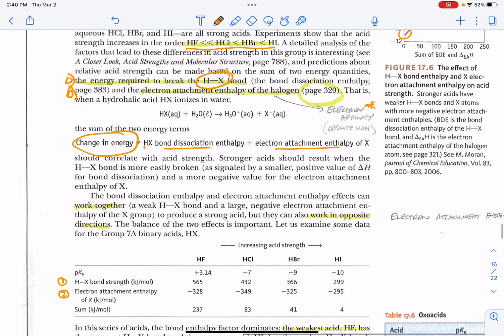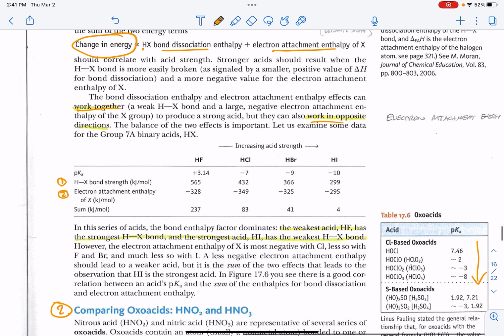These two factors can sometimes work together, and sometimes they work in opposite directions. It all depends. And you can see some of those variations right here in this chart. You can see sometimes the bond dissociation energy is positive, and sometimes it's negative. In this case, at least they're all positive, but decreasing.